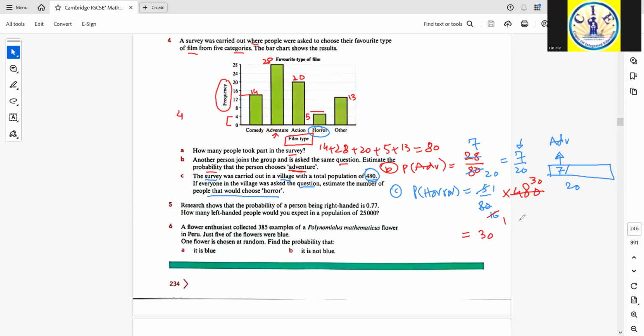Okay, now it is question number 5. Research shows that the probability of a person being right-handed is 0.77. How many left-handed people would you expect in a population of this much? So this is a straightforward question. This could be done like 0.77 times 25,000.